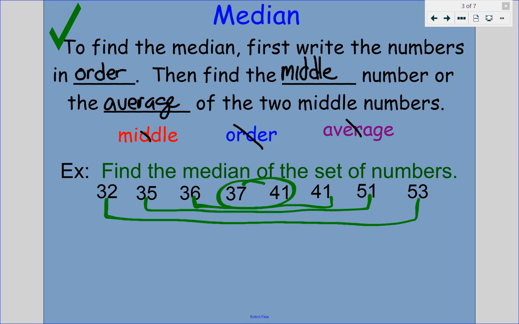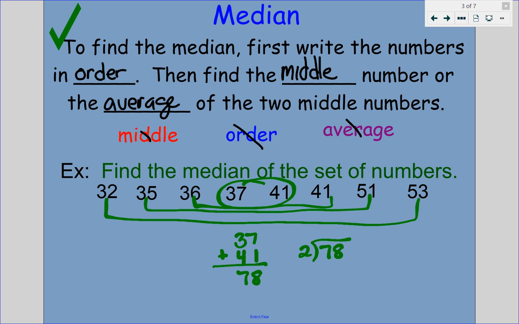Now, because I have an even set of data and I have two middle numbers, I have to find the average between those two. I have 78. So 78 divided by two numbers, just like you do when you find an average. You add them up and divide by the number of numbers. It's always going to be by 2 because we're only looking at those two middle numbers if it's an even set of data.